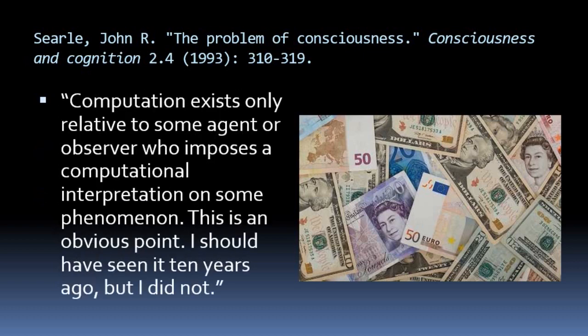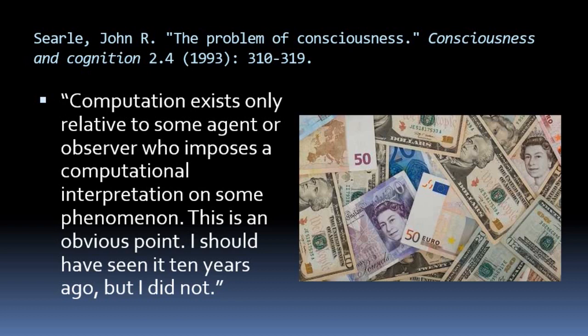He says, computation exists only relative to some agent or observer who imposes a computational interpretation on some phenomena. This is an obvious point. I should have seen it 10 years ago, but I did not. So we interpret machines as doing computation rather than them being intrinsically computational.